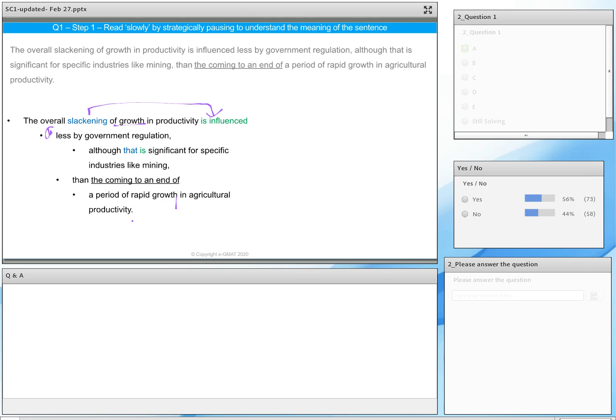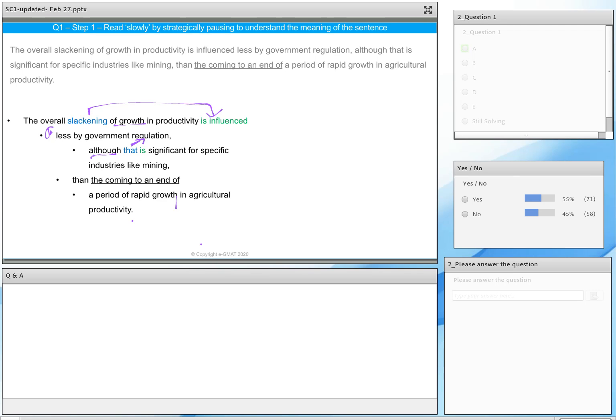"Although," so now I know "although" immediately offers me that contrast. "Although that is significant for specific industries like mining," and I know that "that" is referring to this government regulation. Okay, so this government regulation is significant for specific industries like mining. So this is referring to this regulation for industries like mining.